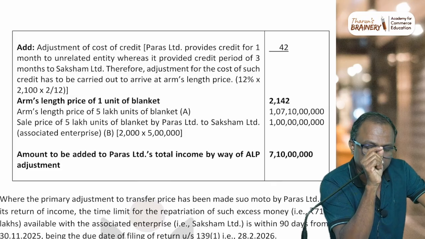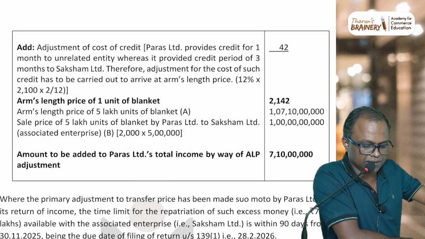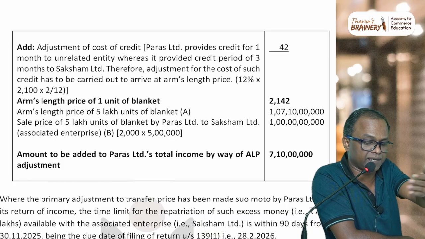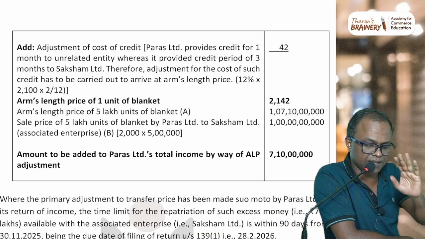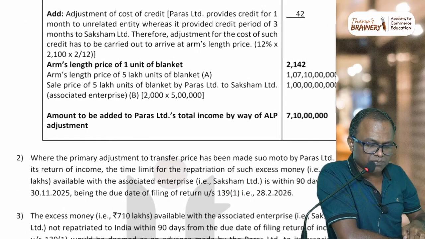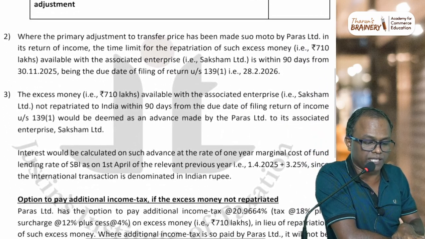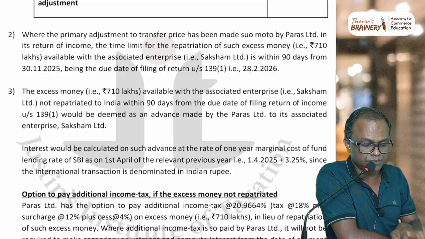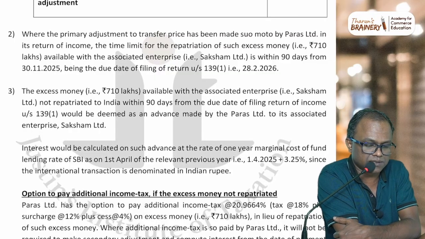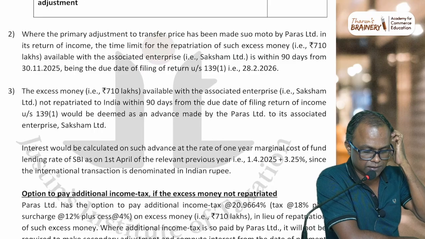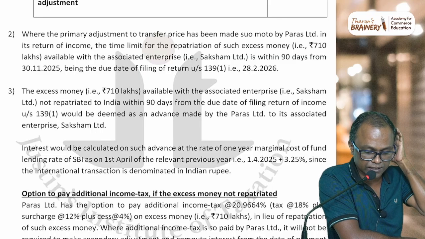So within February 28, they have to repatriate 7 crore 10 lakhs into India. In addition to TP adjustment and paying tax, further I have to repatriate this money. So if this money is not repatriated within 28 February 2026, then it will be deemed as a loan given by the Indian entity to the AE, and interest will be calculated.